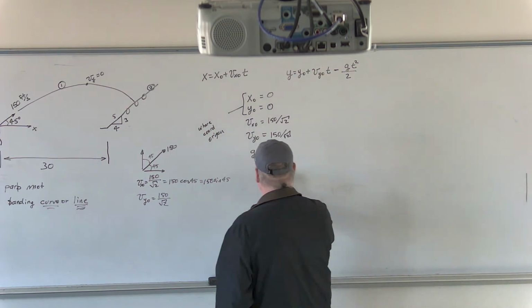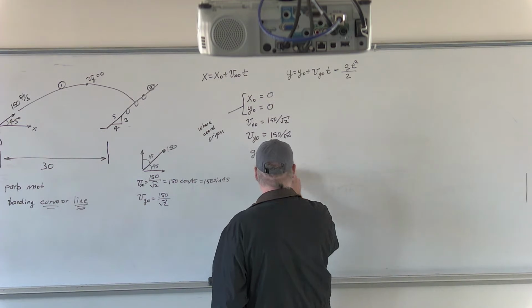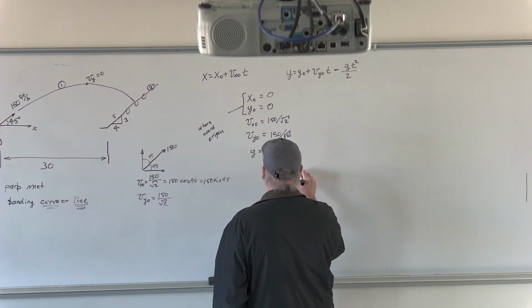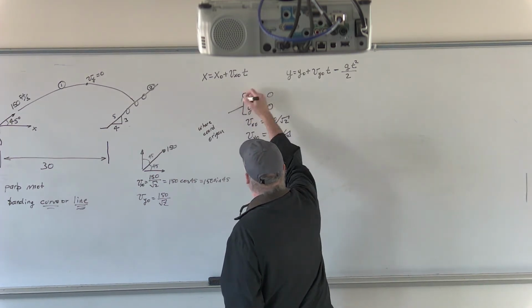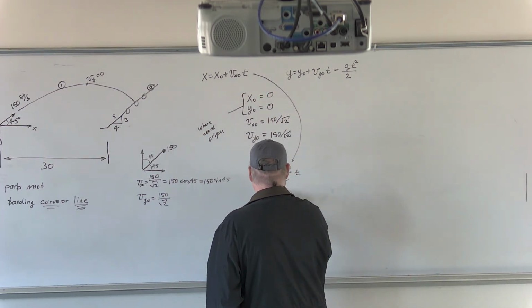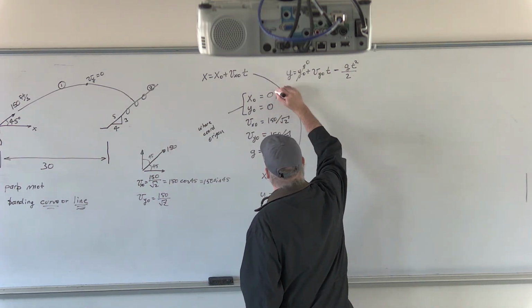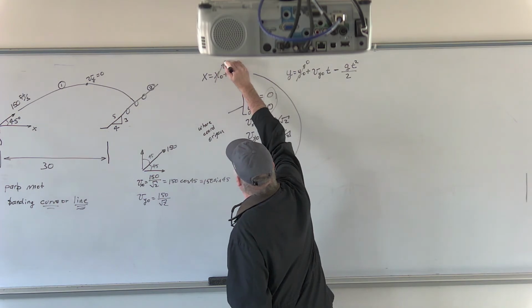So now I have all this filled out. So I can just write it like this, okay? 150 over square root of 2 t, that's this one. So I took this one and put it right here. And then I put y is equal to, now I have to remember, that goes away because of this. These two make these two go away.